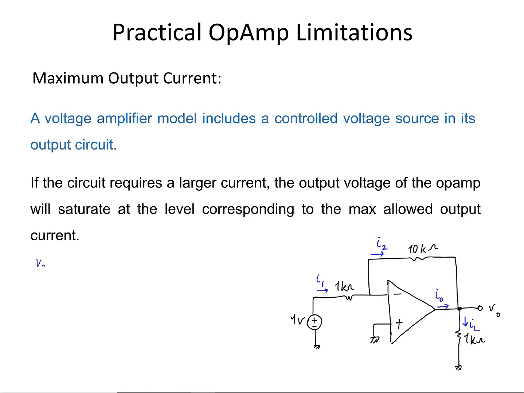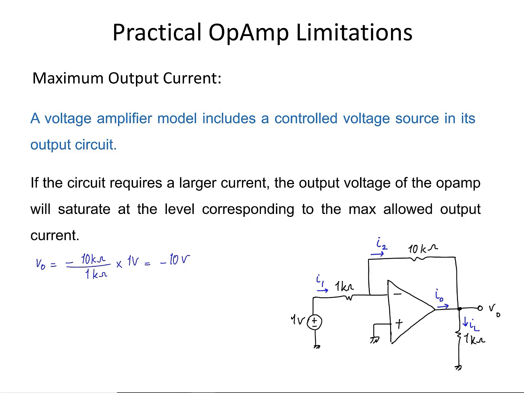So I know the equation for Vout and Vi in this circuit. Vout is going to be equal to negative RF, which is 10 kilo ohm, divided by R1, which is 1 kilo ohm, multiplied by Vi, which is 1 volt in here. So Vout is going to be negative 10 volts as long as the amplifier operates in the linear region.